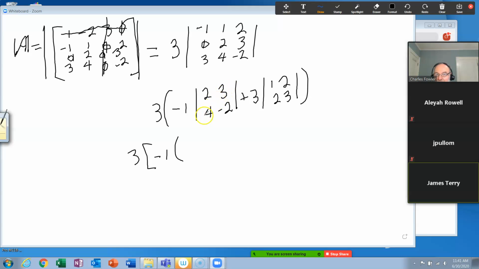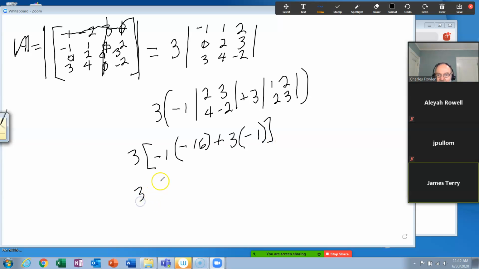This is going uphill. Okay, -4 minus 12 is -16. Good. Like pulling teeth here. Okay. +3 times, and what do you have there? -1. All right.